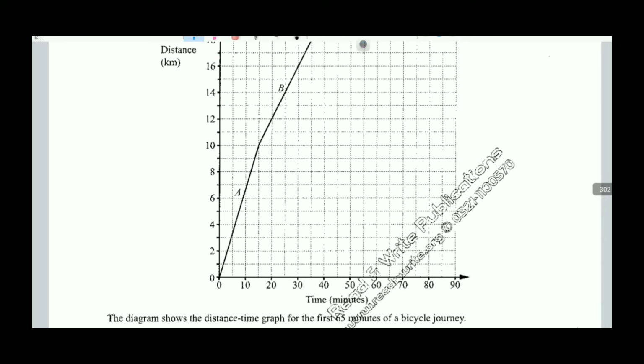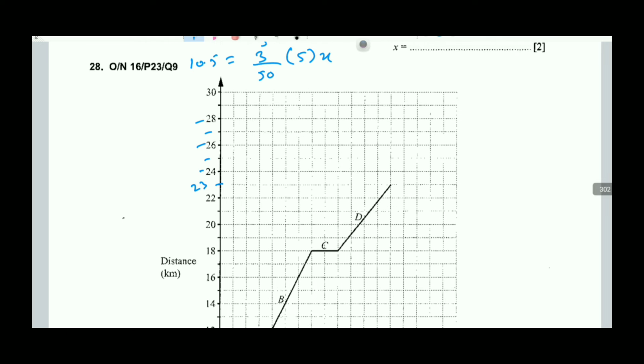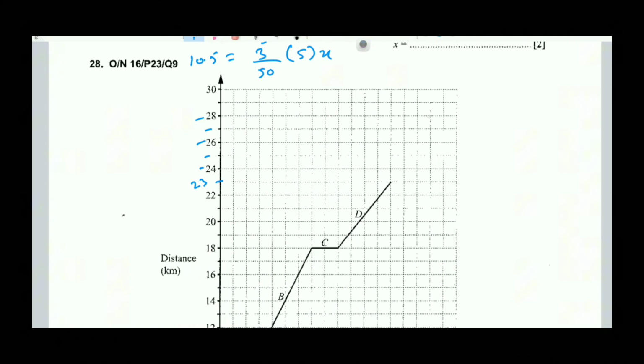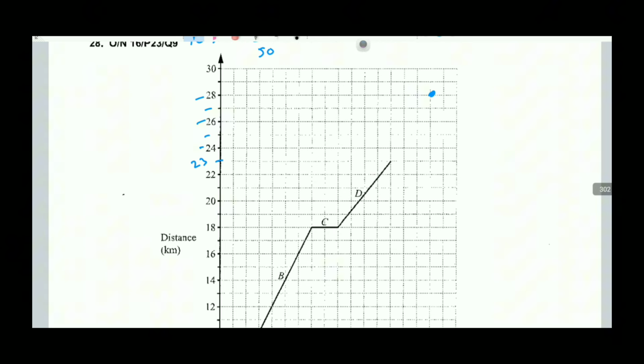So the line is at 65. 15 minutes count, 5 and 10, 15. So 80 and 28. 80 and 28, this is the point. Time is 80. If you count 15 minutes after 65, 70, 80. Yes, 15 minutes will be till 80 and distance will be 28. So you will complete this part like that.